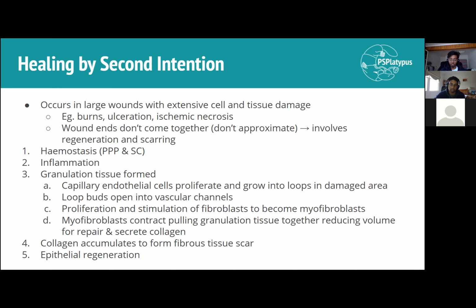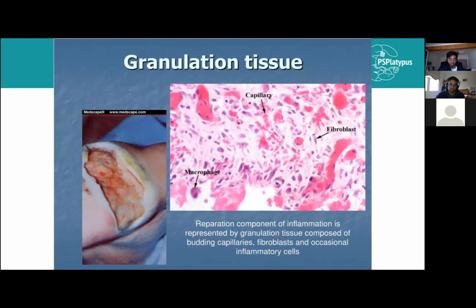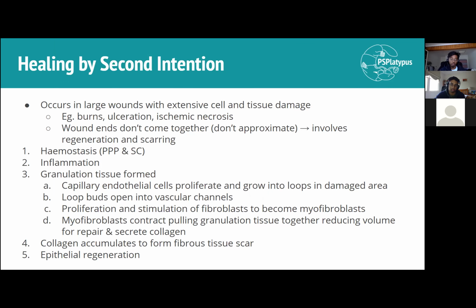And these loops open into the blood vessels and the vascular channels. And it kind of looks like this, like the surface. So in granulation tissue, we can see budding capillaries on the surface of the body. This is obviously to supply and nourish the wound with blood, for nutrients and other cells to help heal.